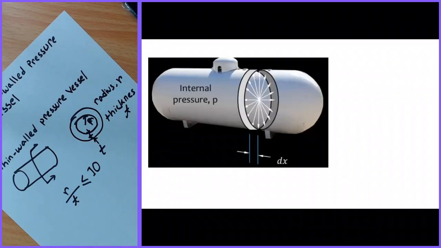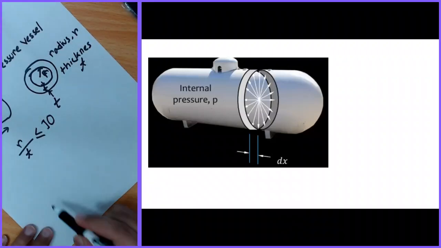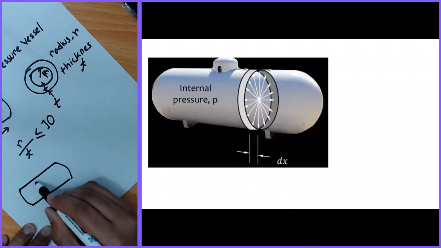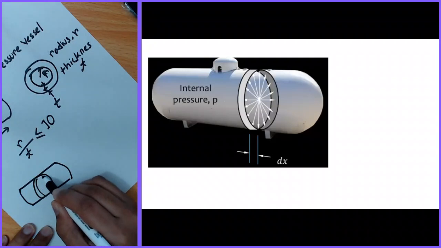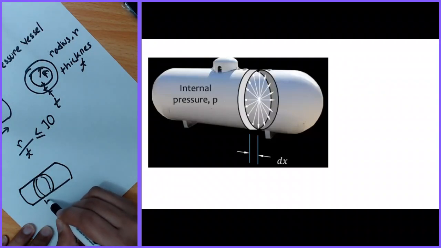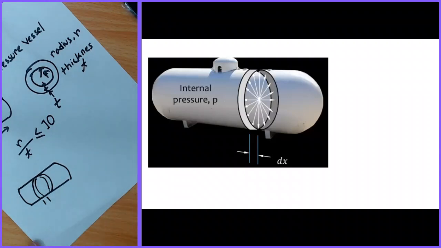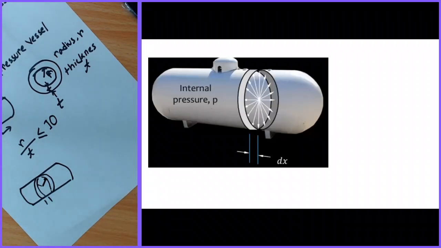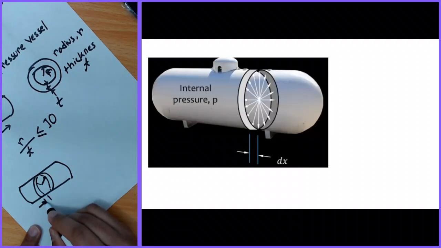So this is an imaginary segment I cut. This is called a hoop, and if I draw it here, say this is my segment, so this is a hoop, and the width is dx.